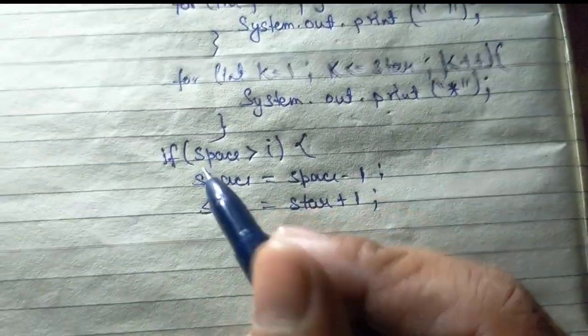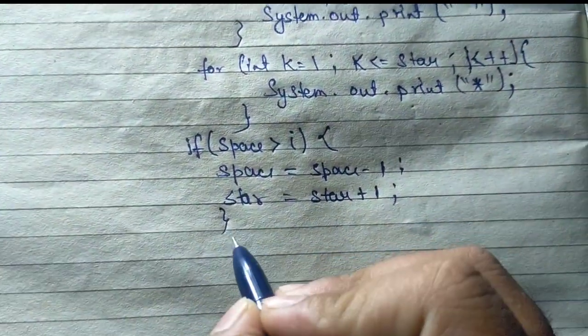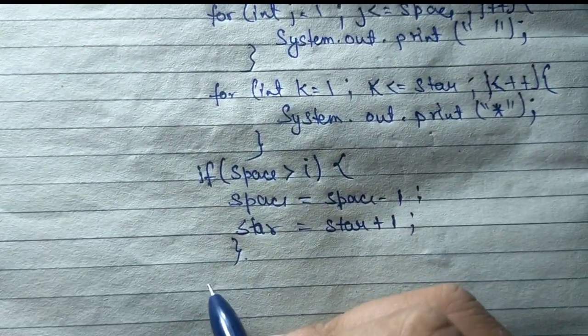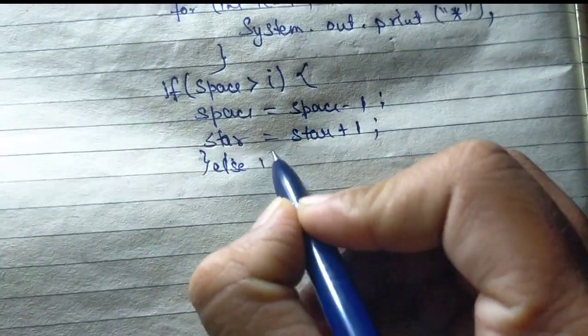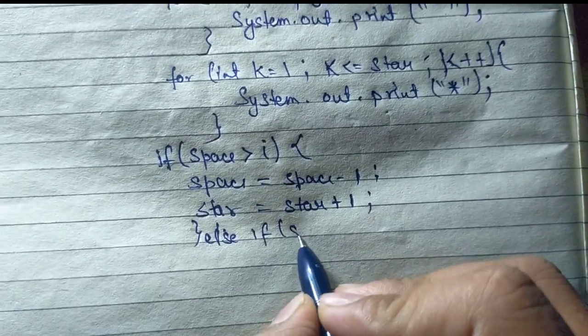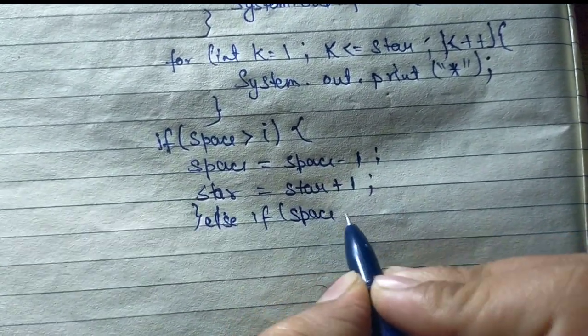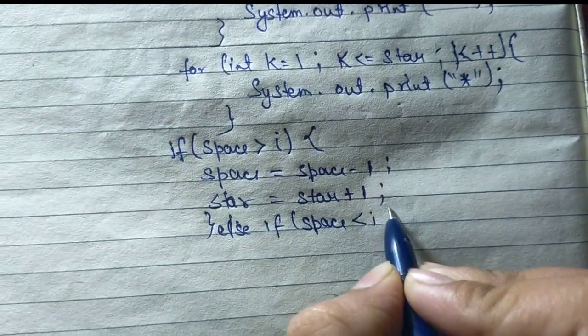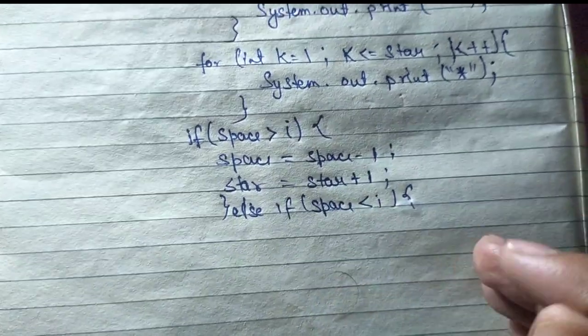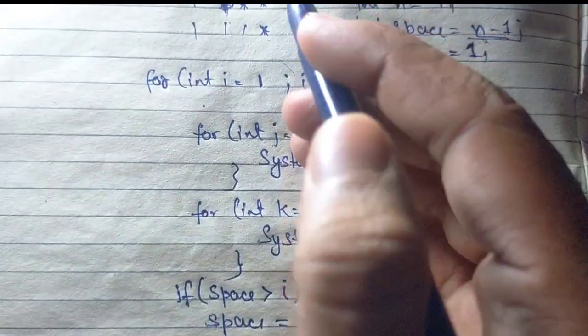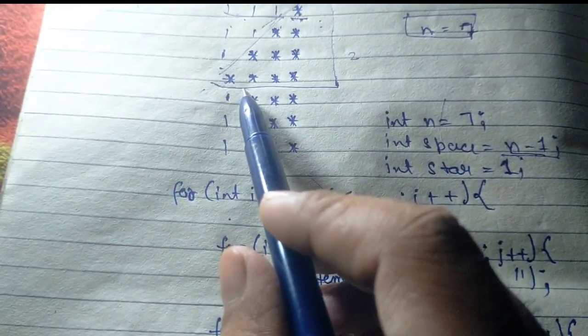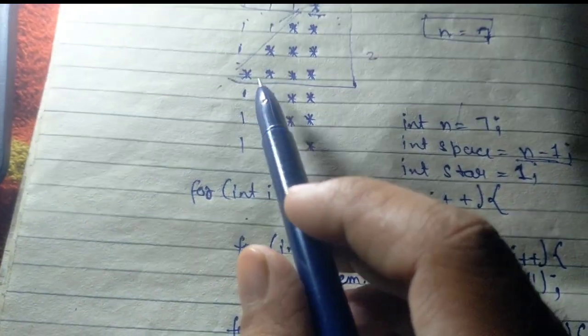After that we apply one more condition, else if space is less than i. What will happen? If space is less than i, it means space has reached 0 and it is less than i.